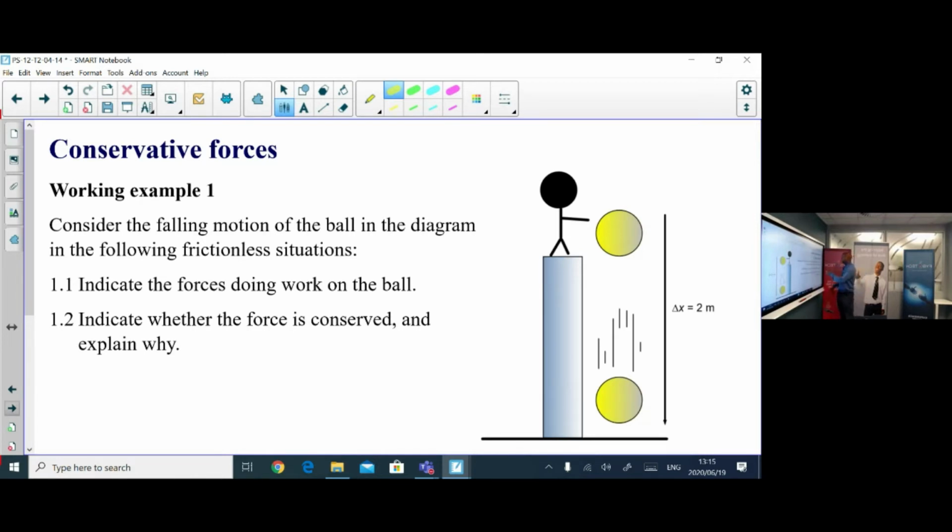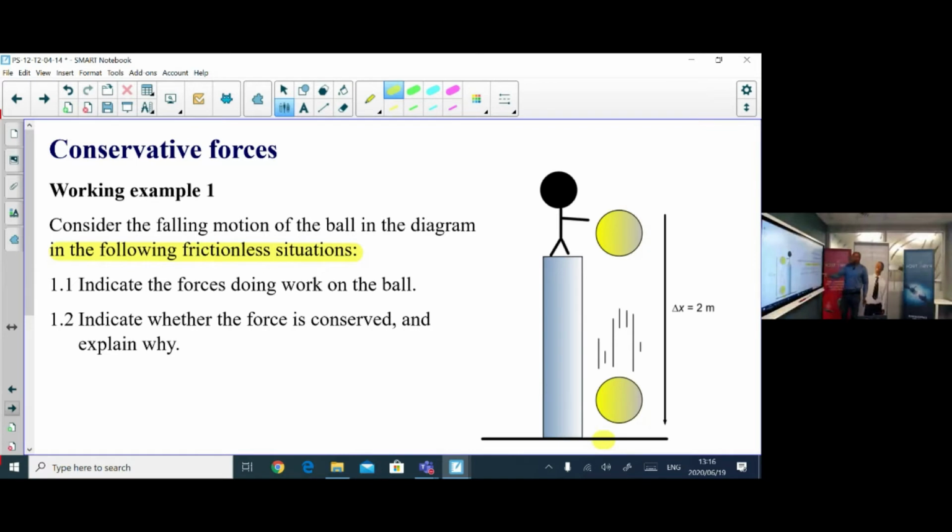Consider the diagram within the frictionless situation. If it's a frictionless situation, at the bottom there we don't have friction. We don't have any force that is acting against the bar.